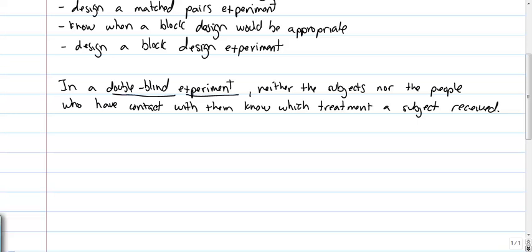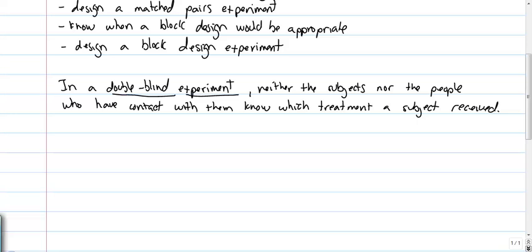For example, if we think back to our pharmaceutical company where we're developing the drug to cure the common cold, the subjects don't know whether they're actually getting the true drug or if they're getting a placebo. And maybe the technicians who are working with the subjects, helping measure symptoms, don't know which treatment they received either, because their responses might be biased if they already knew which treatment the subjects received.